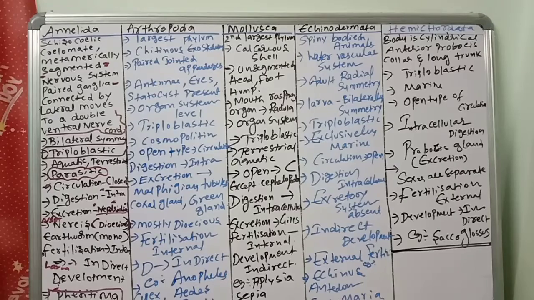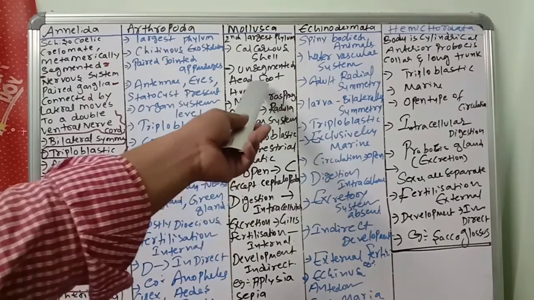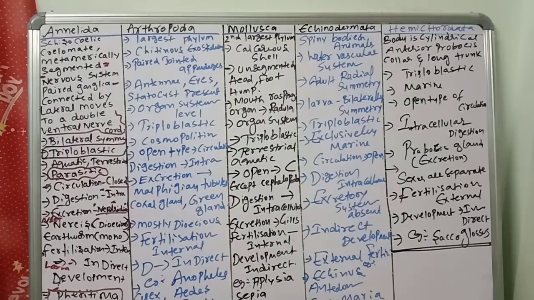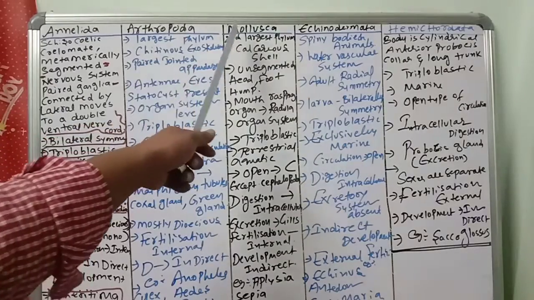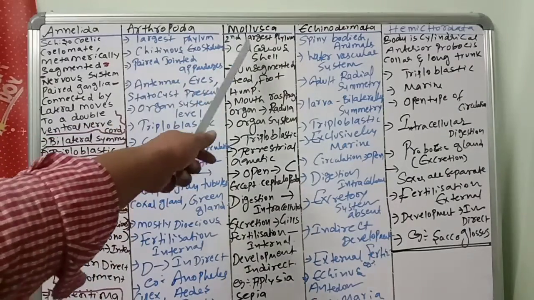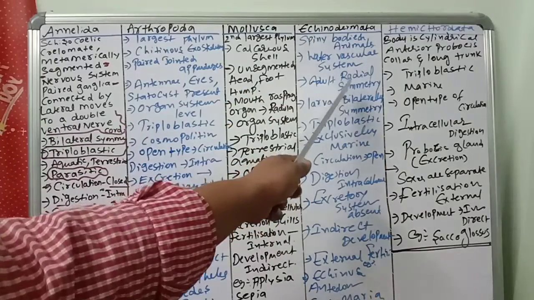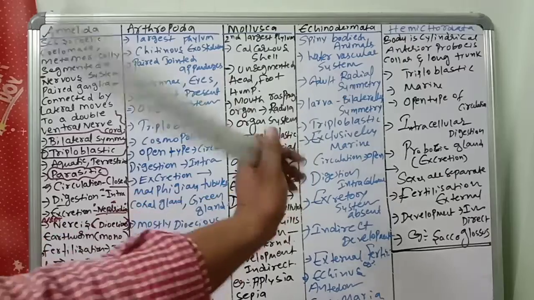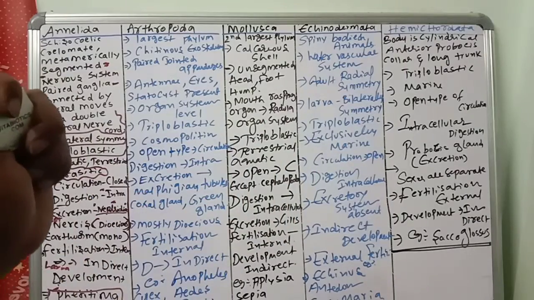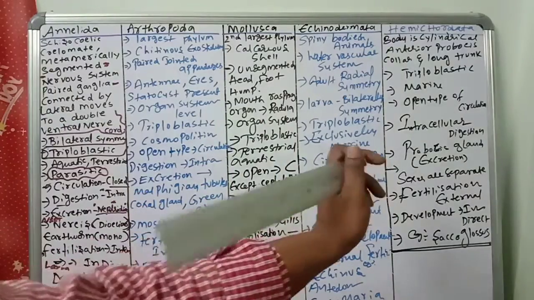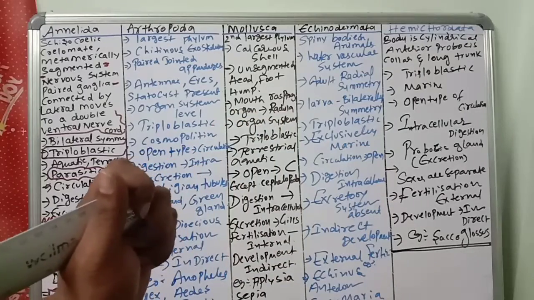Next, Mollusca have the visceral hump. The second largest phylum has a calcareous shell; here chitinous, here calcareous. Next, Echinodermata: adult radial symmetry, larva bilateral symmetry. Hemichordata: proboscis gland helpful for excretion.